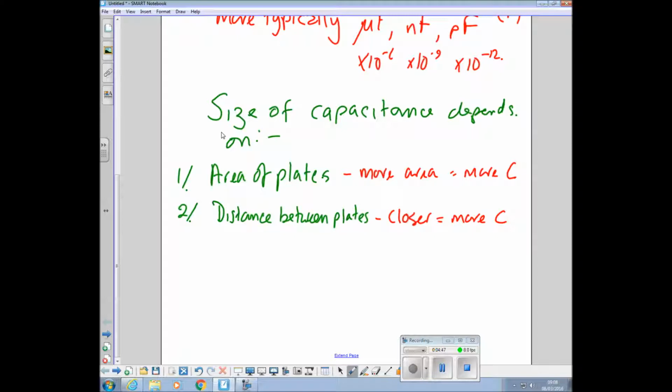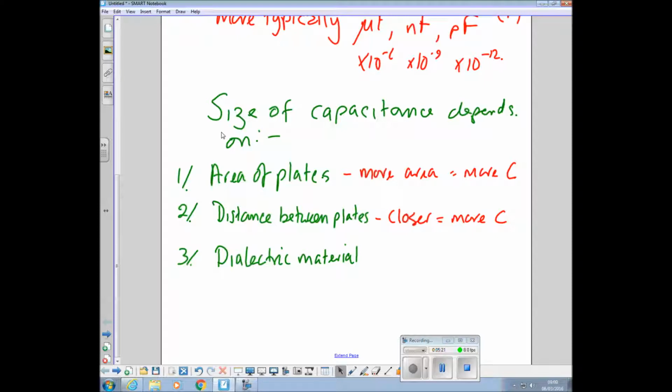And 3, dielectric material. The difference that makes is a little bit more difficult to define. The dielectric material is more about the quality of how likely the capacitor is to keep its charge stored on it under certain conditions.